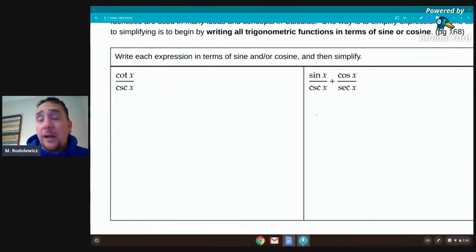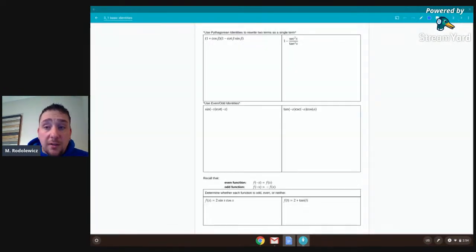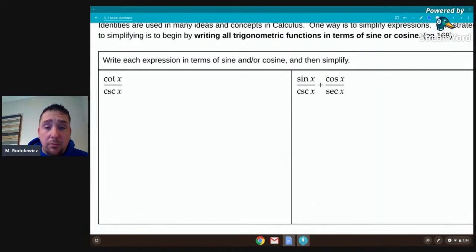So we're going to look at now simplifying these next few expressions using the identities, and I've scaffolded them. I've written them in a way that we start with just writing sines and cosines and then applying the other identities that you copied into your notebooks as well.